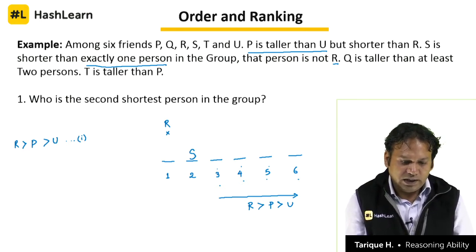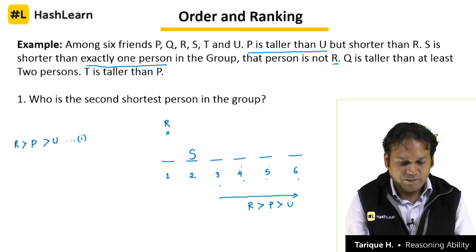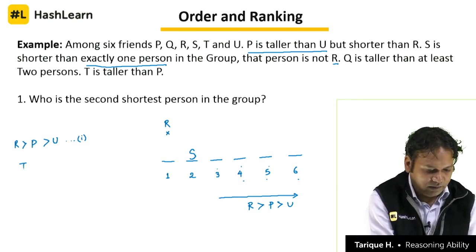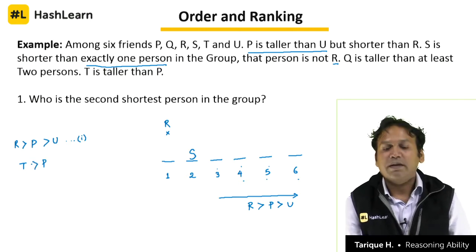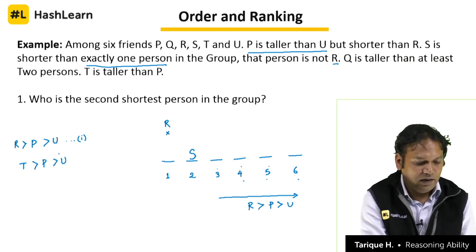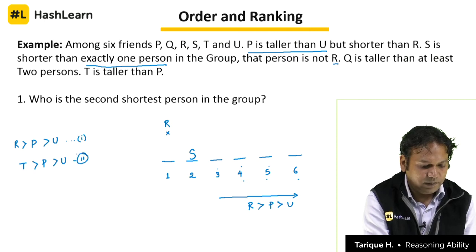Now Q is taller than at least 2 persons and T is taller than P. That means T is taller than P and P is taller than U. So we have one equation we are getting here.